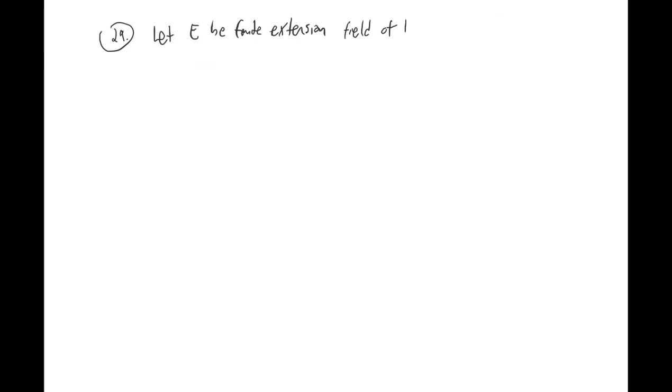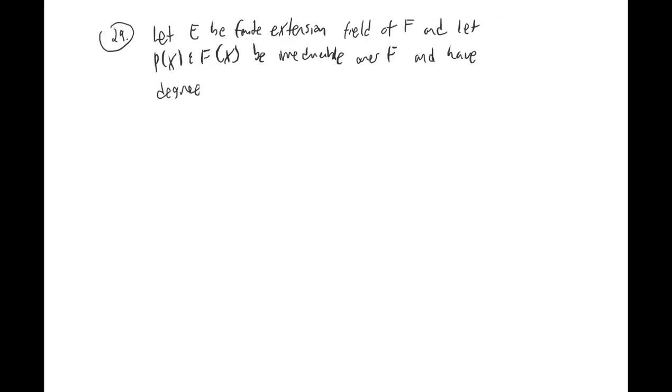Let P(X) in F[X] be irreducible over F and have degree that is not a divisor of [E:F]. Show P(X) has no zeros in E.